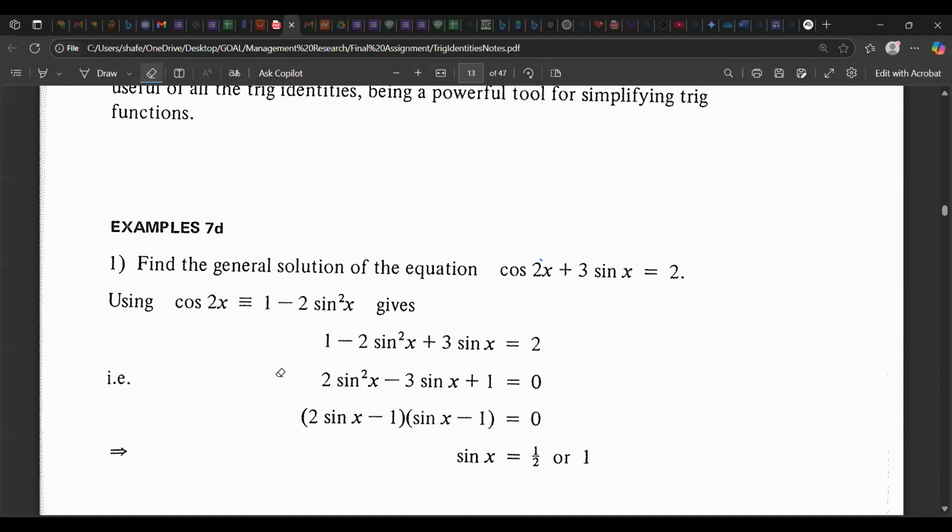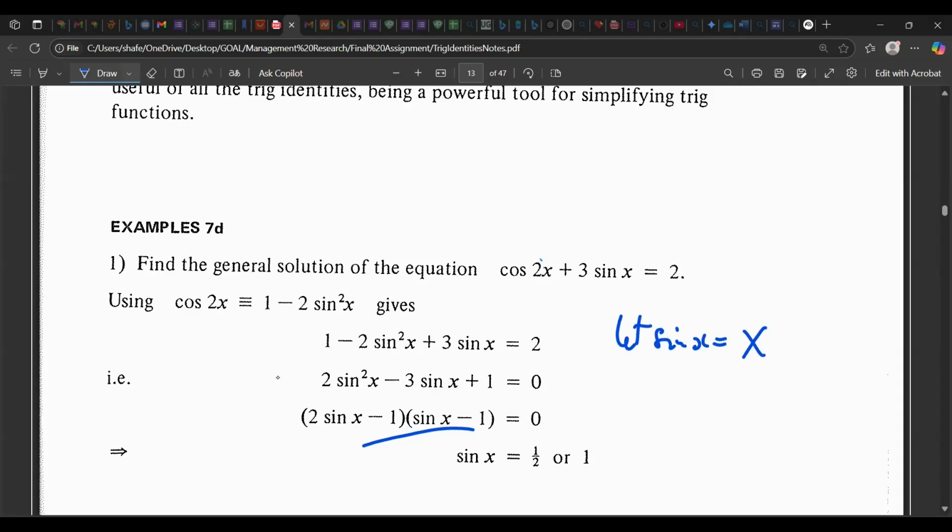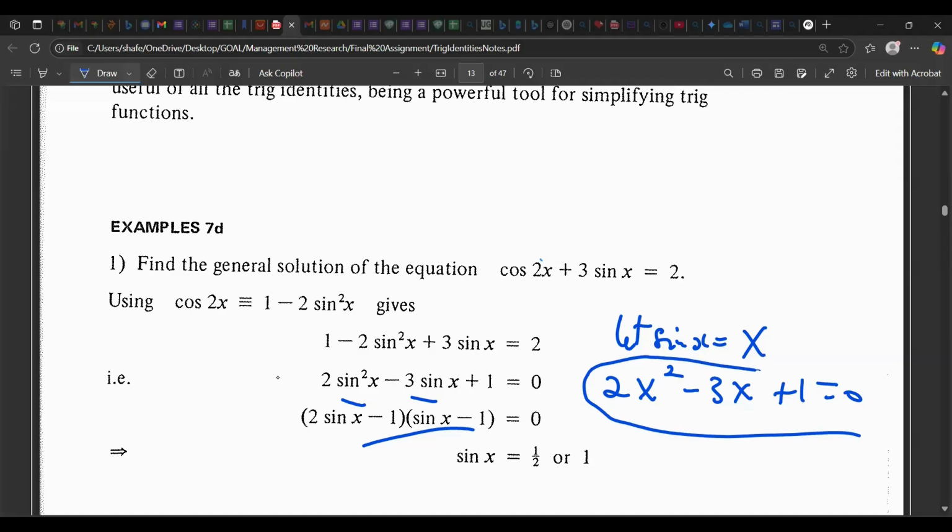And for those who might say, I can't see how I could factorize this, remember I suggested last time, if you want to, you can let sine x be equal to a big X. So this becomes 2X squared, this becomes minus 3X, and that becomes plus 1 equals 0. And you have something that you're familiar with. You can factorize it, and you should have 2X minus 1, X minus 1 equals 0.